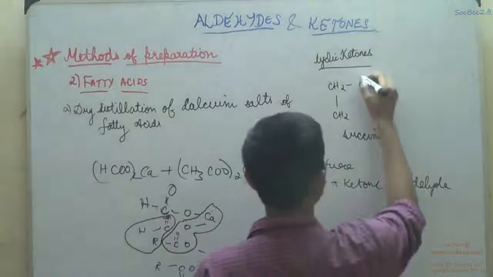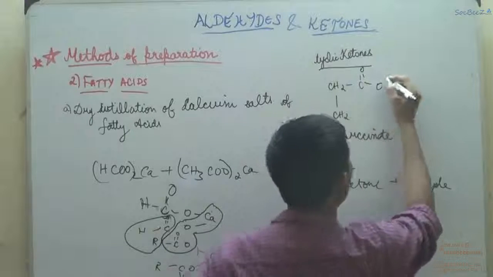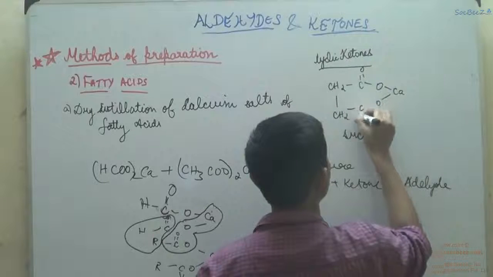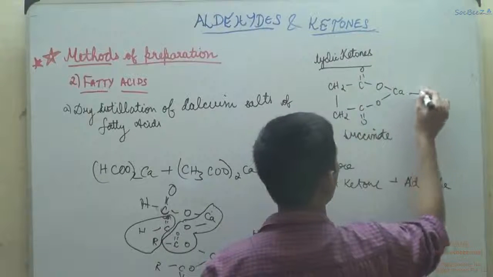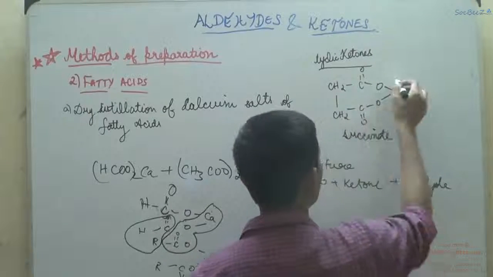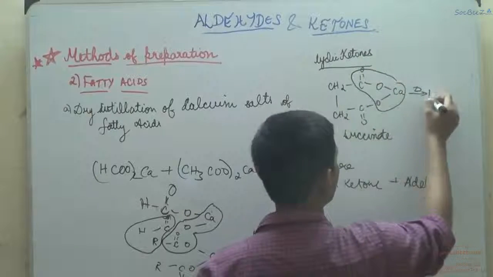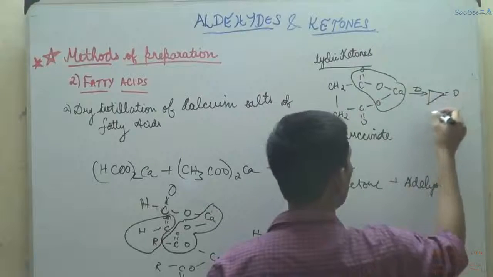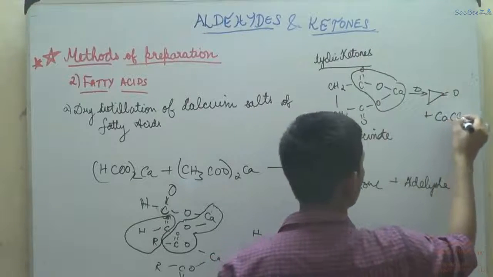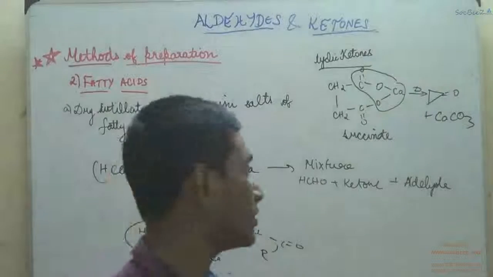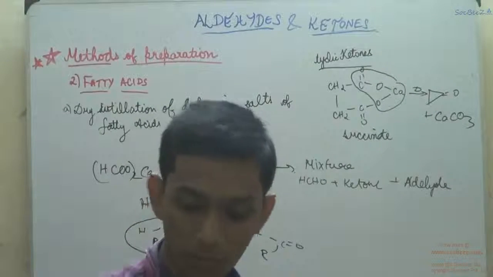So calcium succinate. And you do dry distillation, removal of calcium carbonate, and so you get this particular ketone plus calcium carbonate. So dry distillation of calcium salts gives rise to this product.